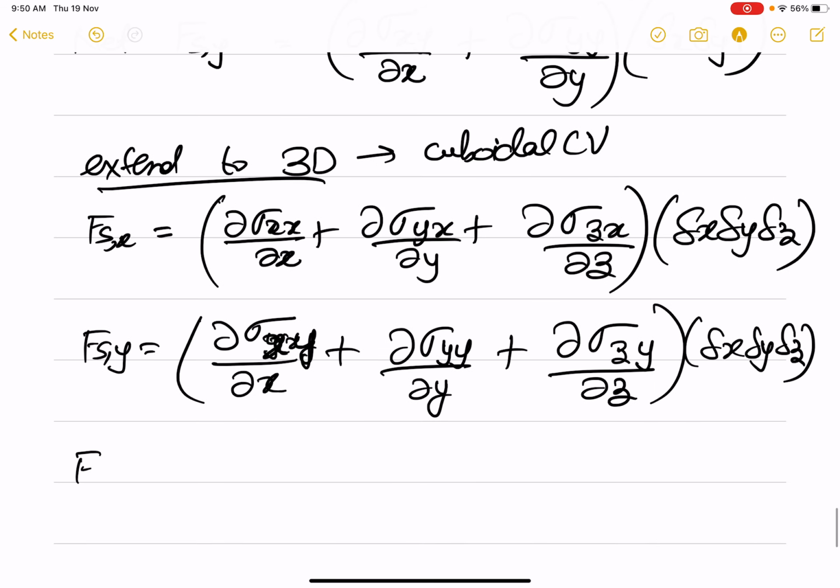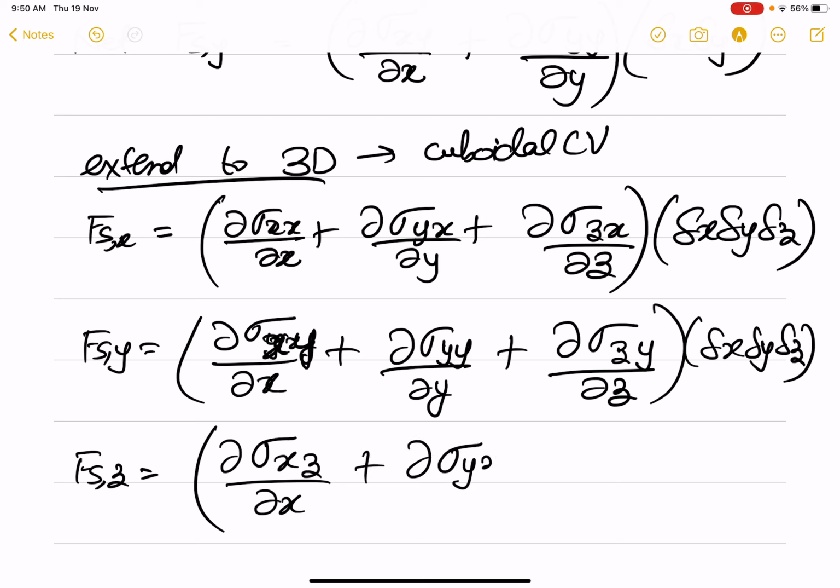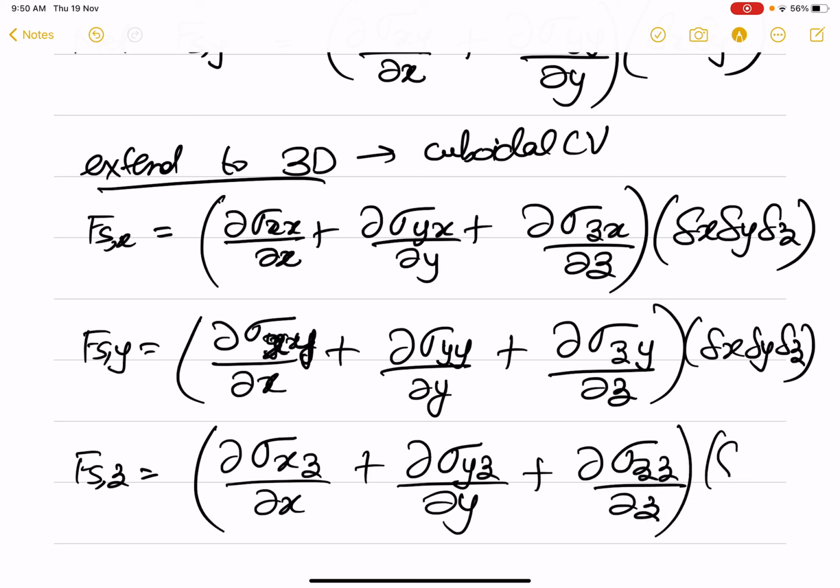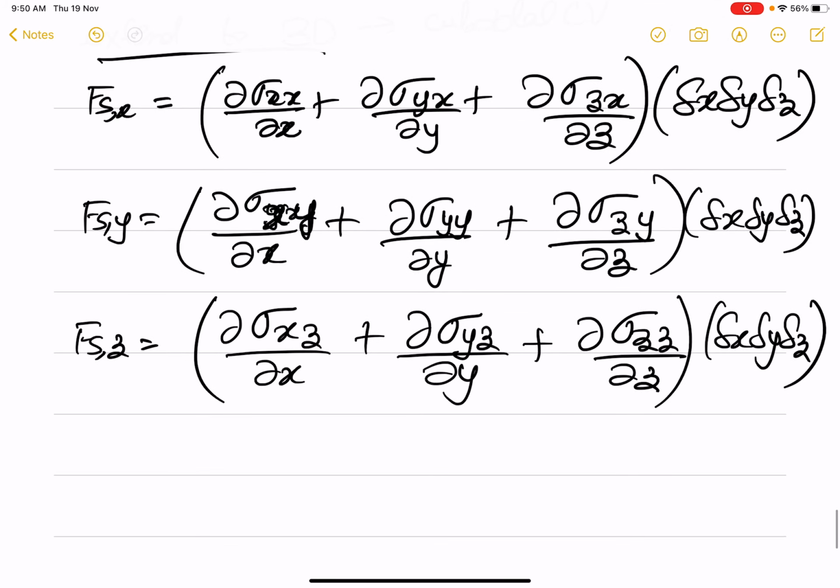And similarly, the surface force in the z direction will be partial sigma xz by partial x plus partial sigma yz by partial y plus partial sigma zz by partial z multiplied by delta x delta y delta z. So these are the net surface forces which are acting on the volume.